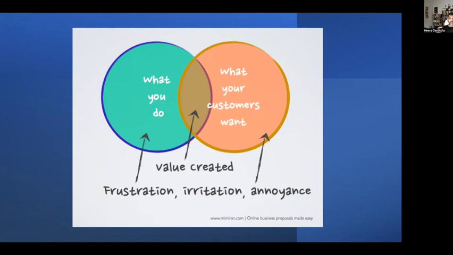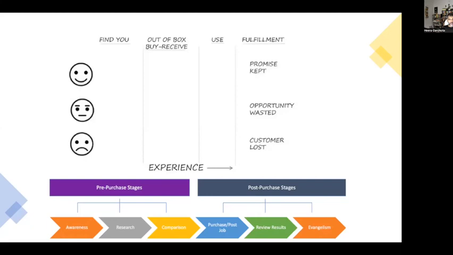The customer journey is a tool we'll look at right now. And it's a very simple tool to help you do this. So this is a customer journey tool. If you look at it, it's got two axes. On the left-hand side, it's got three states of the customer.